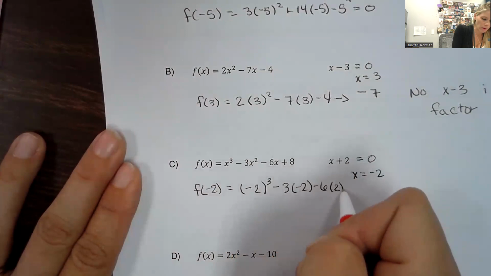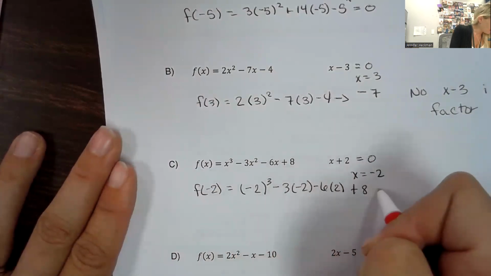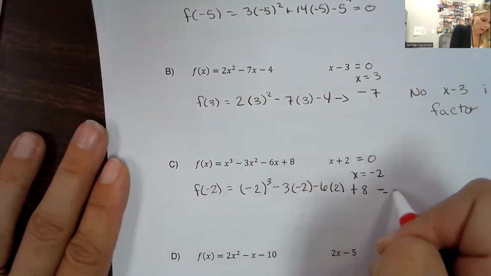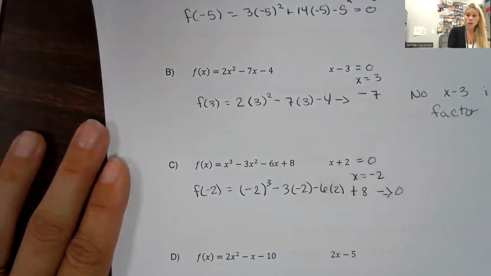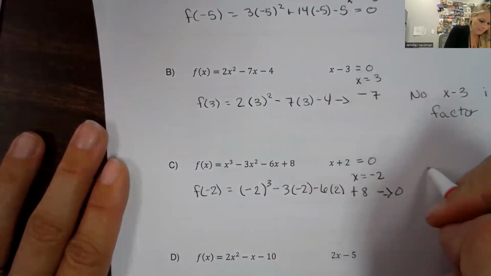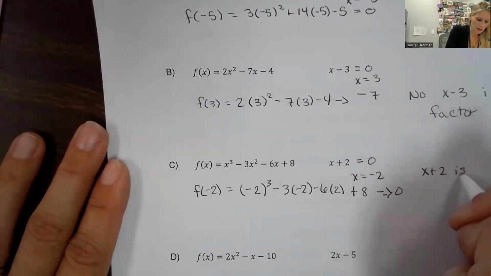Wow, this is a long one, right? Plus 8. And then equals. Well, when that equals, it comes out to 0. So that means, yes, x plus 2 is a factor.